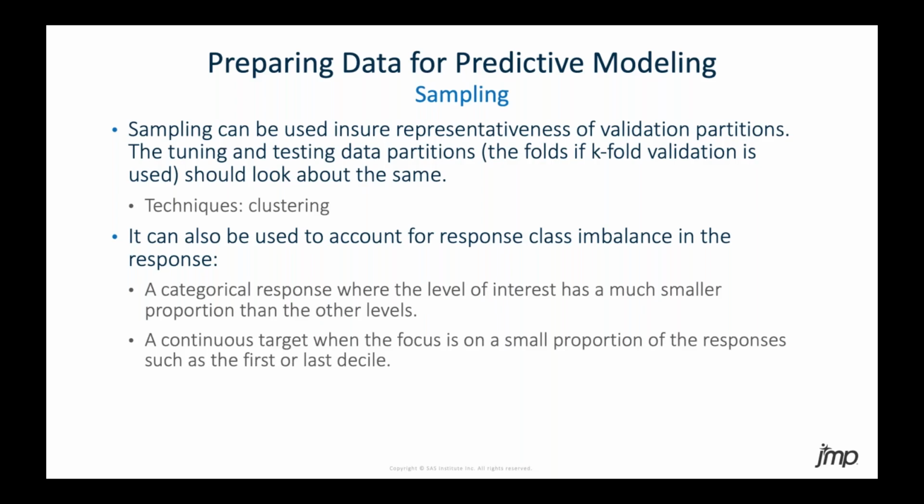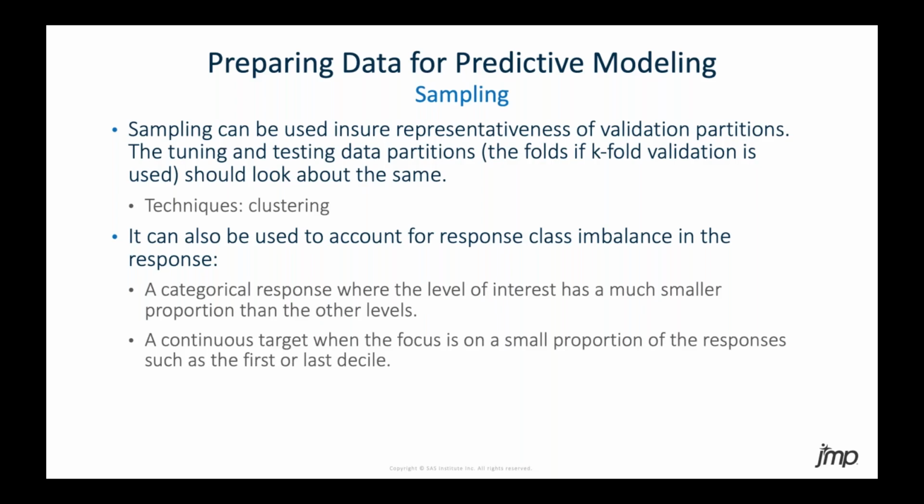So for example, if it's a continuous response, what people might do is focus on a portion of the population. They might look at the first decile or the 10th decile. All right. So for example, with the direct mailing case, if I focused only on the 10th decile of donors, they returned as much in donations as the bottom 50% of the data.